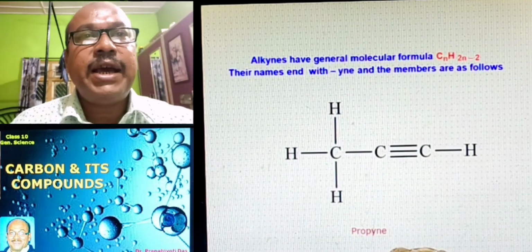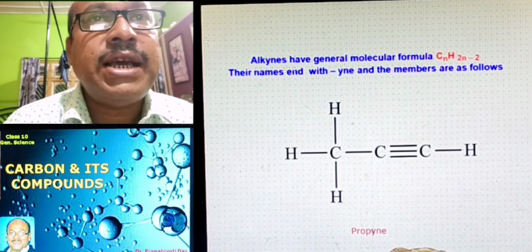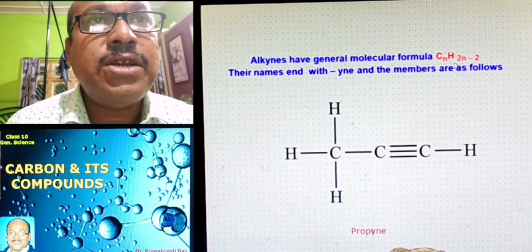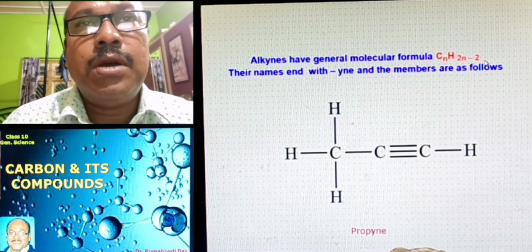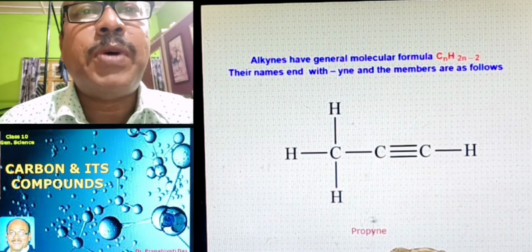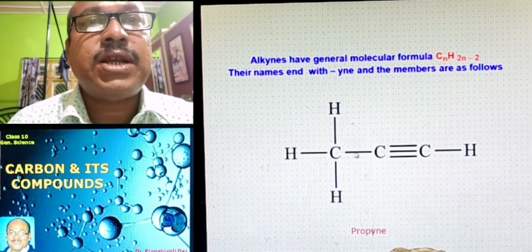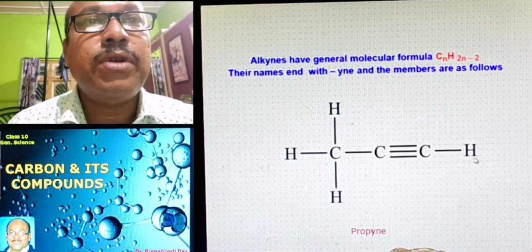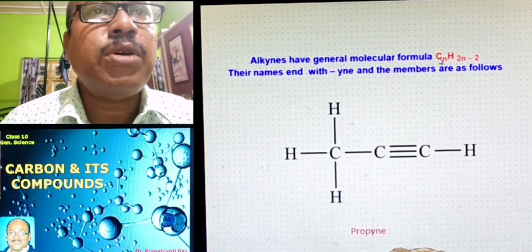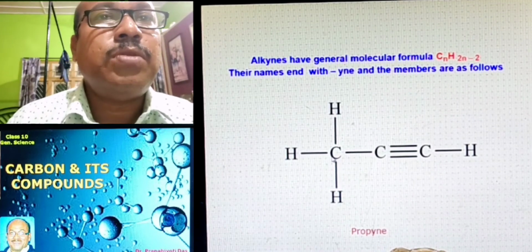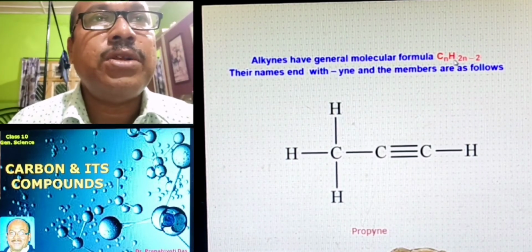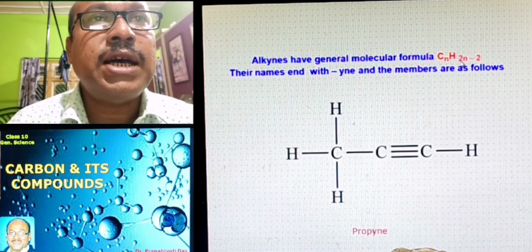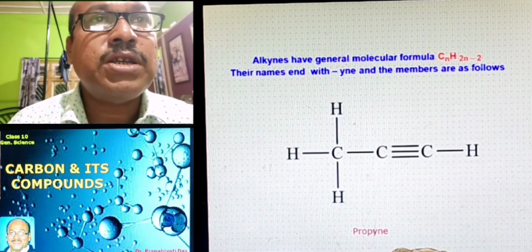And finally alkyne, the general formula is CnH2n-2. So this is the compound propyne. This is the structure. See, there are 3 carbon and 4 hydrogen: 1, 2, 3 and 4 hydrogen. Now see, carbon 3, hydrogen 2 threes are 6 minus 2, 4. So the number of hydrogen should be 4.